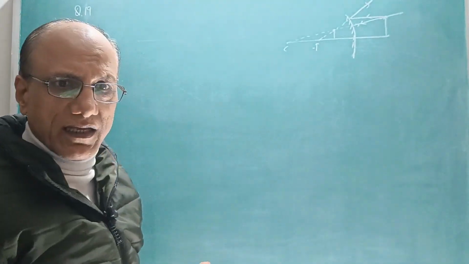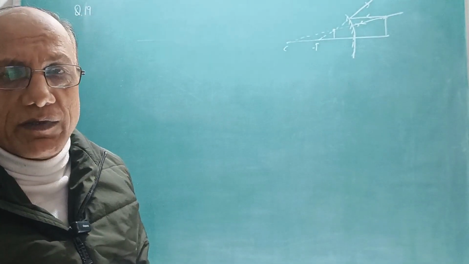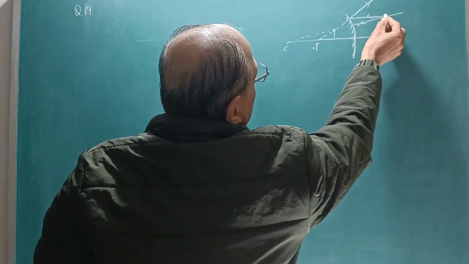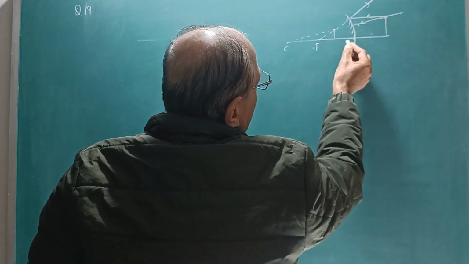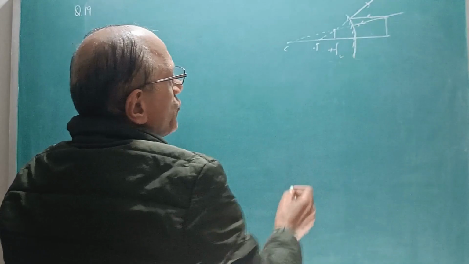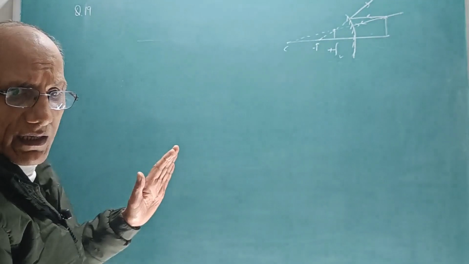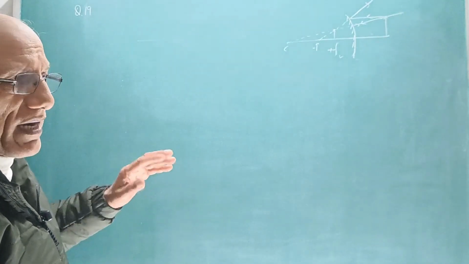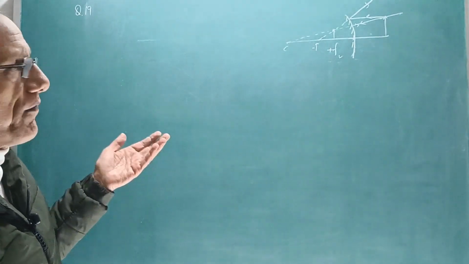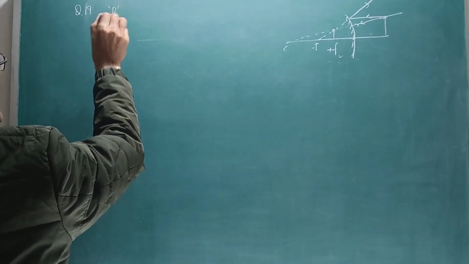And the reason is, according to the sign convention, the focal length of the convex mirror is positive. So focal length is this. So incident light is this. So the distances along the incident light are taken as positive. So this is true. So A is true as well as R is also true. But the reason is not the correct explanation of A. So option B is the correct answer.